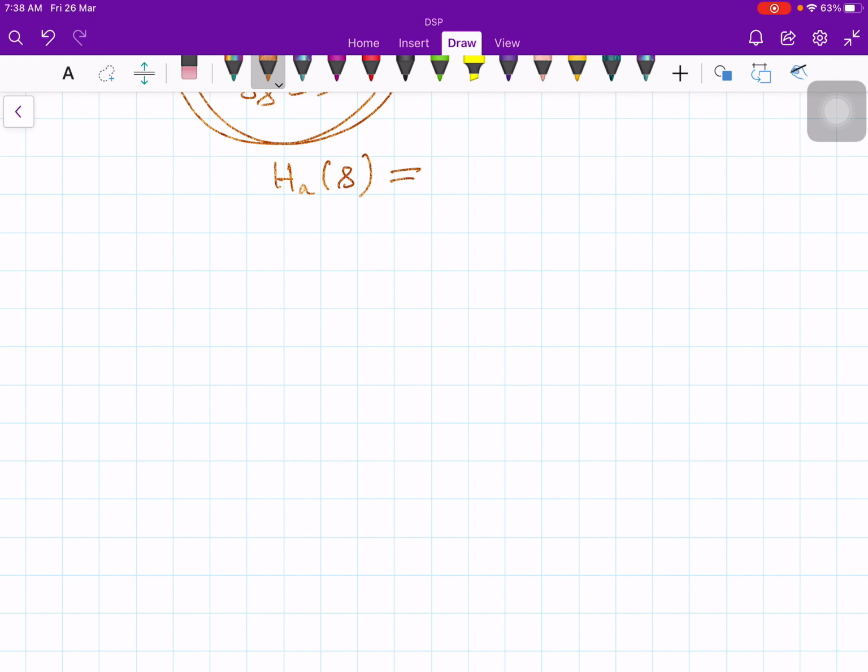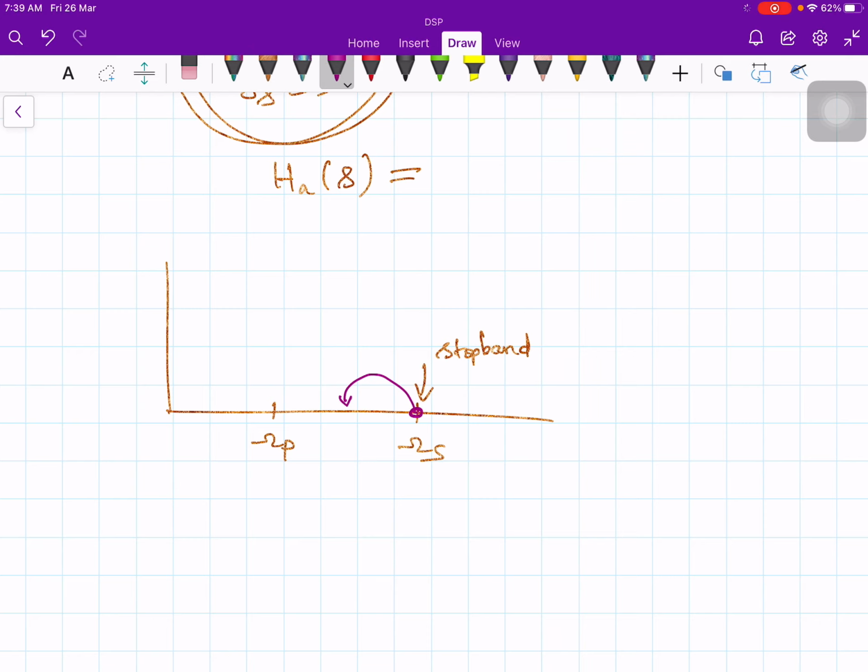For example, this is my omega p and omega s, so this is the point of the stop band. Now if you over satisfy, that means you somehow bring this point to here, then you are a good boy. That means you over satisfied the stop band. But instead of bringing this point to here, if you bring this here, then you are bad. Don't do like that. If, let's say, omega p is equal to 4000 or something, and you reduce it, then you lose your frequency content, you lose your information.